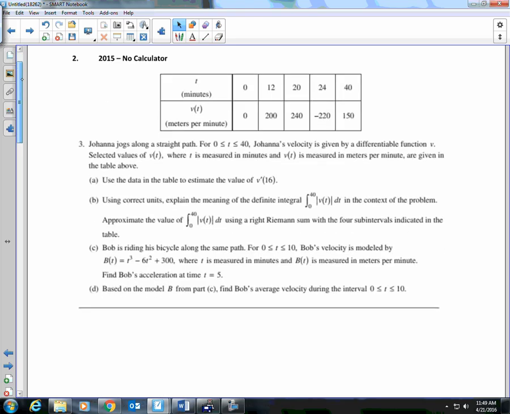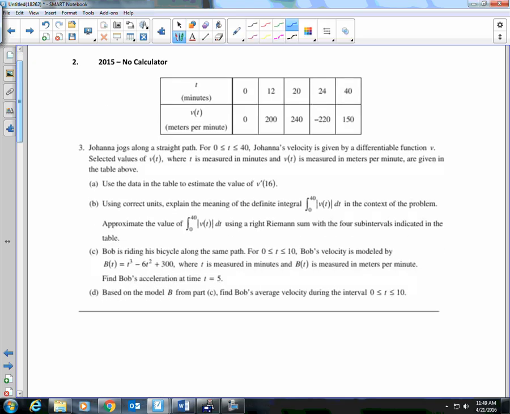Okay. Here we go. This problem is nicer. I think you guys will appreciate this one.